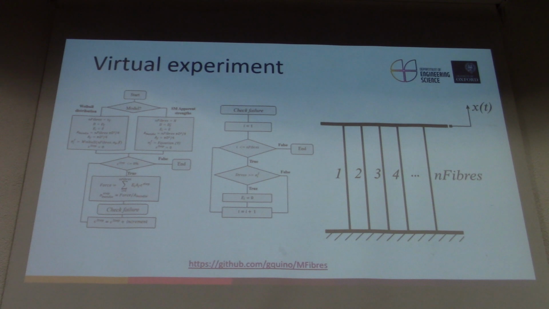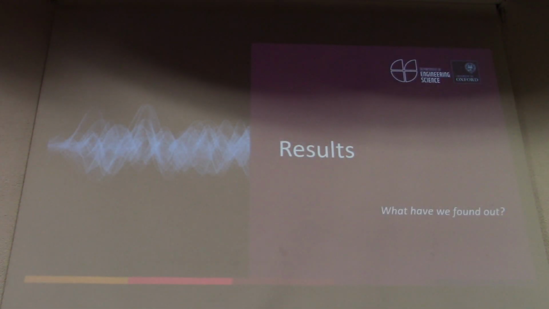But what I was doing was initially generating a Weibull distribution for all the fibers, and in parallel I would assign to the fibers those strengths that I found using the sound measurement technique, and then I would pull them in strain steps, and whenever the stress in a single fiber would reach its strength, then the modulus would go to 0, so it stops contributing to the load carrying capacity.